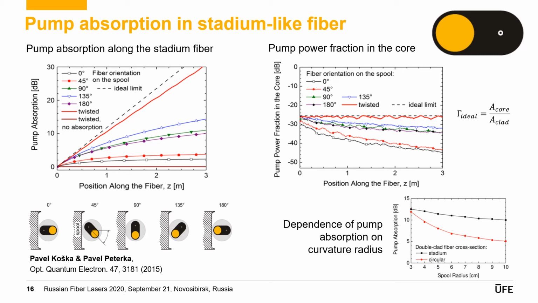You may think that such theoretical guidelines may help to improve your experiment, but in this case it was a bit the other way around. First we drew a stadium-like fiber, but this fiber was really ugly, rocking when it was drawn. My colleagues did not like it at all. Fiber orientation with respect to the spool changed several times per meter, like here in the twisting case. So my colleagues worked hard to improve the drawing conditions.